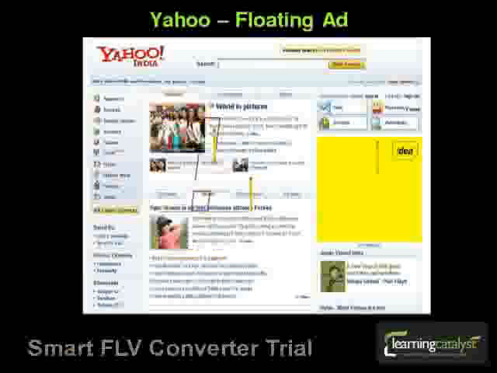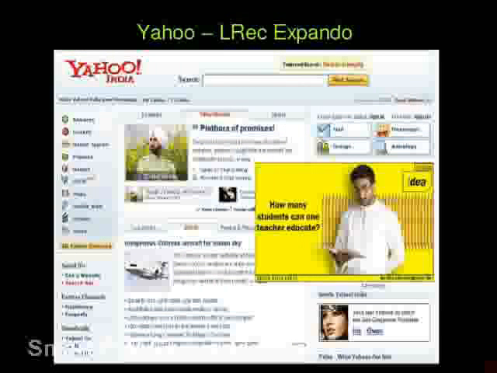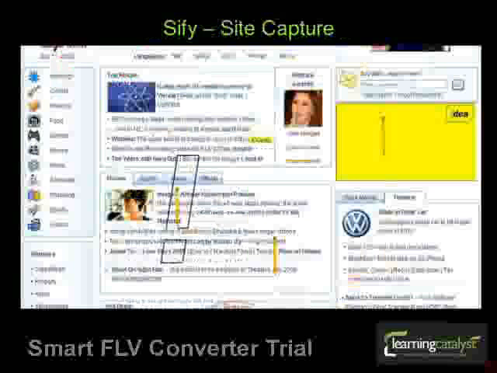Then to give some other examples, Yahoo floating ad, which if you see, is actually getting dispersed over the entire homepage, and the Idea brand used it very effectively for its education themed brand awareness campaign. And you see the pencil which is really moving all across the homepage. And this is the LREC, which is actually an expandable ad on Yahoo.